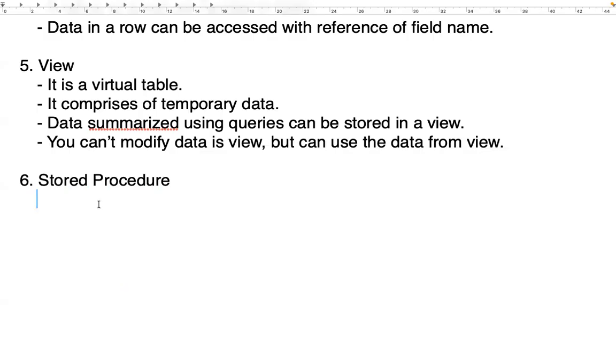What a stored procedure is: if you remember in JavaScript, I explained that JavaScript has functions and methods. In general programming, you will have functions, methods, and procedures. You remember the difference? What is the difference between a method and a function? Generally, first point, tell me what is the purpose of a function?